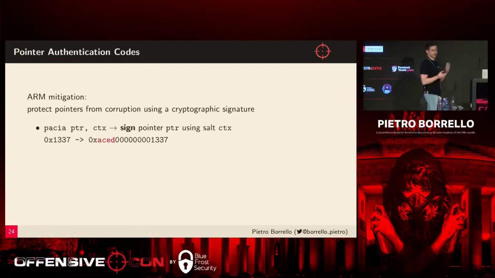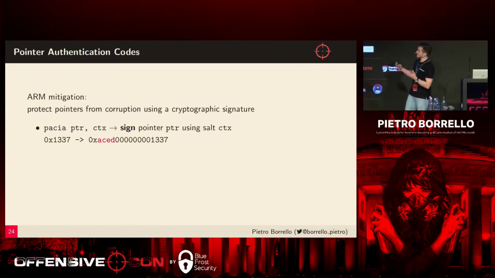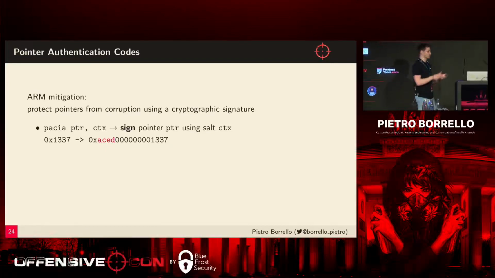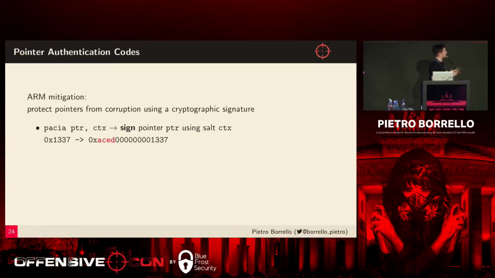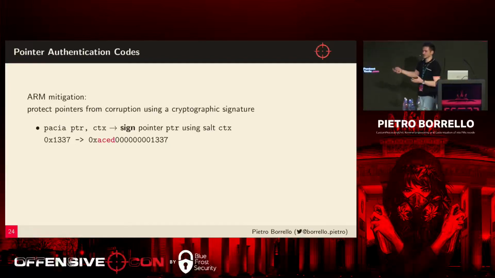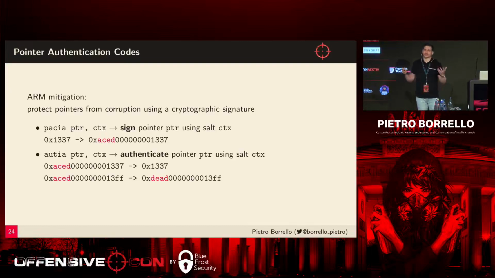You have a couple of instructions. For example, a pac instruction that signs a pointer using a secret key inside the CPU and a salt, so that from the original pointer, you get a signed pointer that you are not able to use. If you used it, you would just crash since the pointer is now invalid. And you have the companion operation that does the authentication.